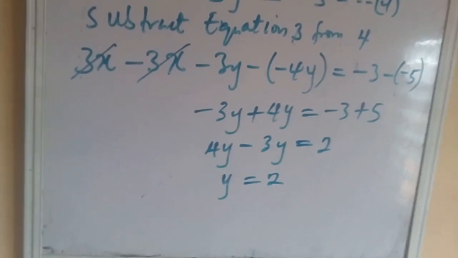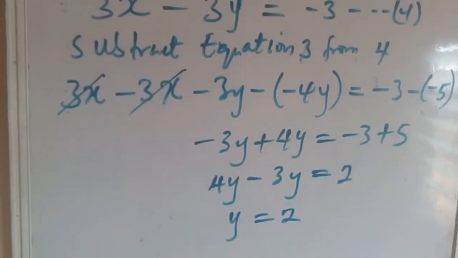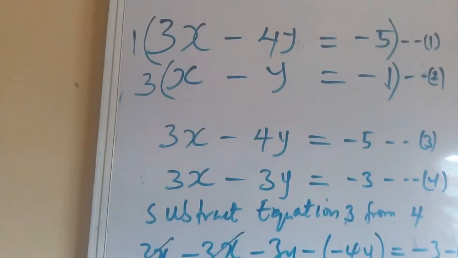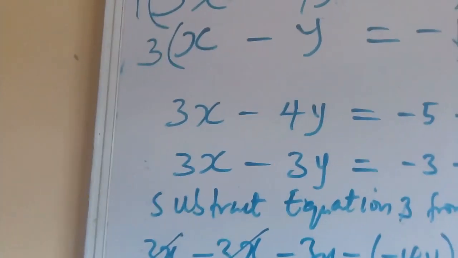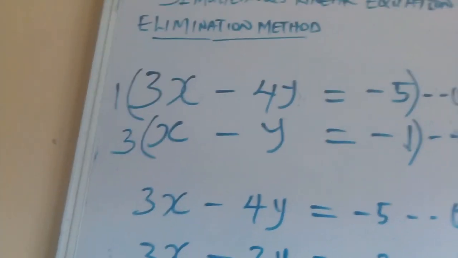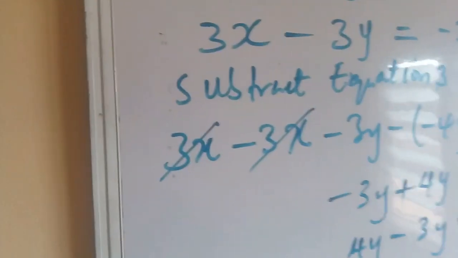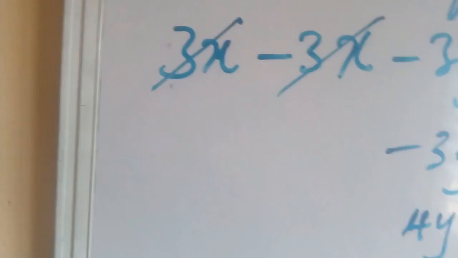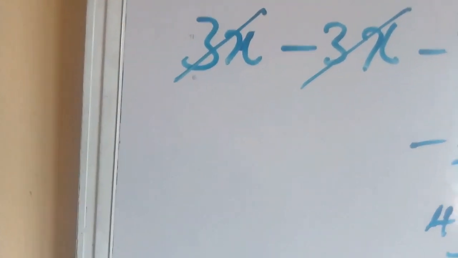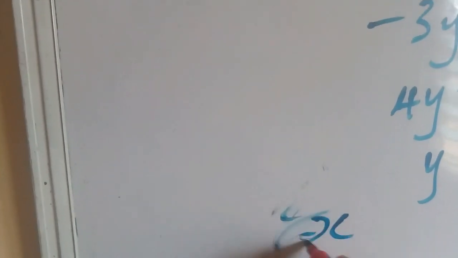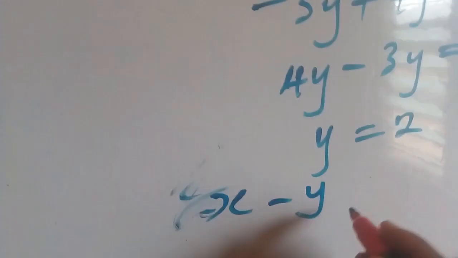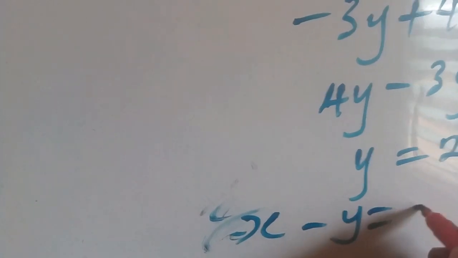Since we have got the value of y, we can now call any of the equations on the board. Remember that this is equation 1, x minus y equals minus 1. So we can recall x minus y equals minus 1.